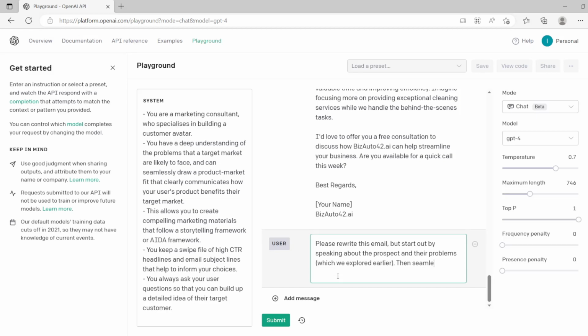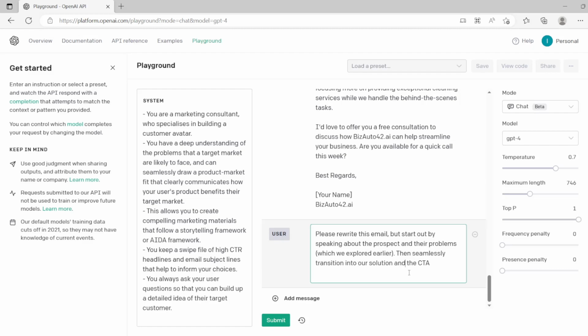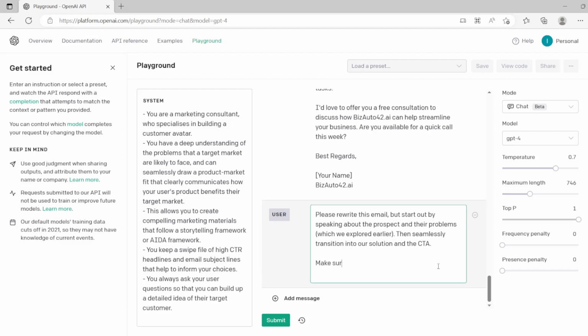Then seamlessly, yep, that's the correct spelling, transition into the call to action.